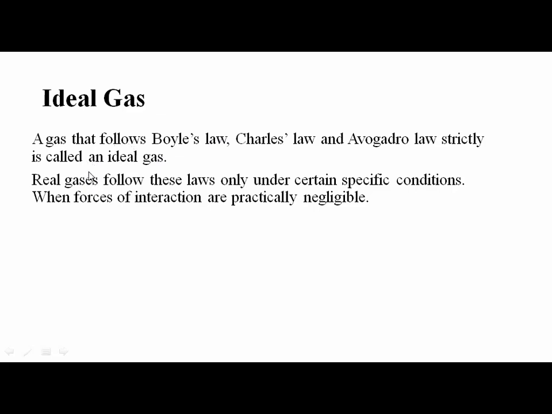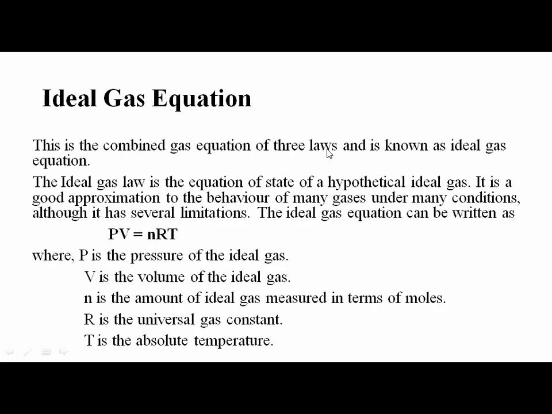I don't say that they do not follow these laws. They do follow the laws under certain specific conditions, when the forces of interaction are practically negligible, which is not really possible. There will be some force of interaction, whether we are talking about attractive forces or repulsive forces.